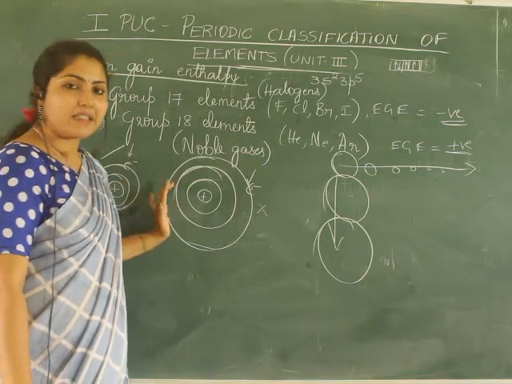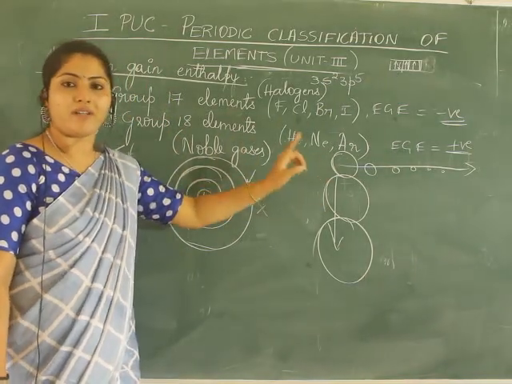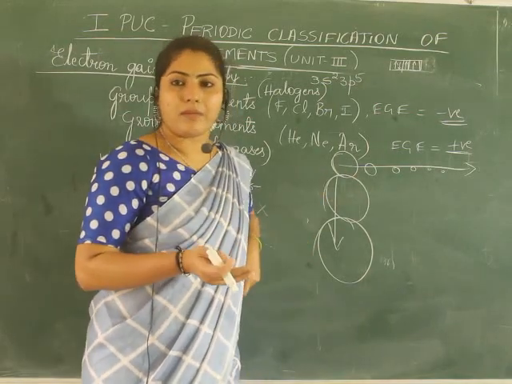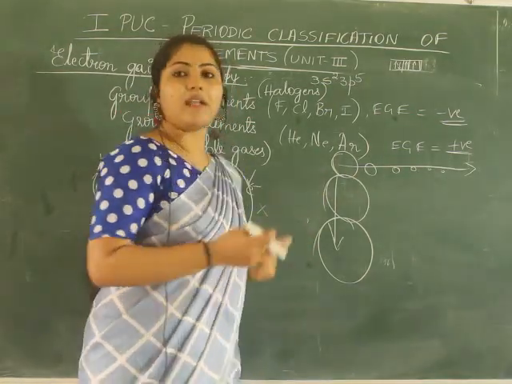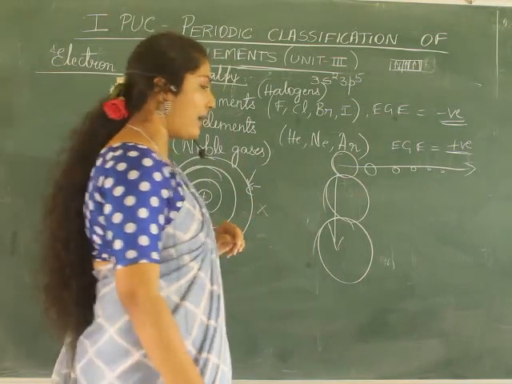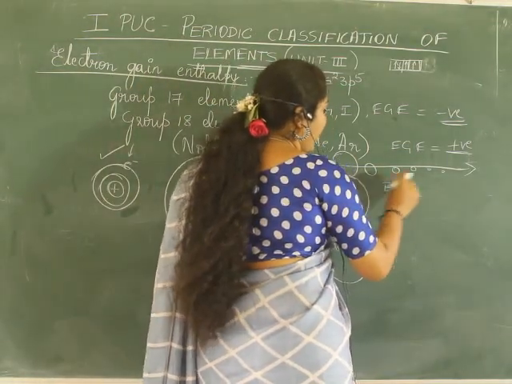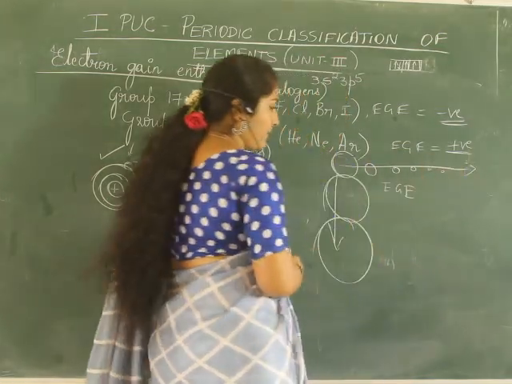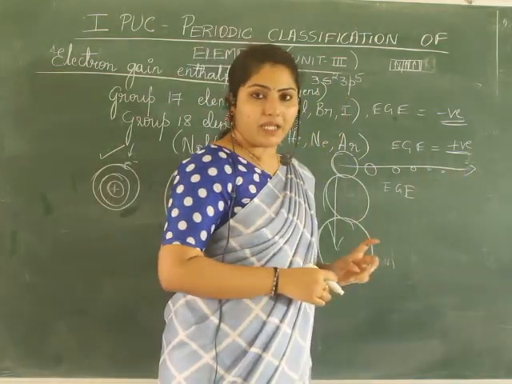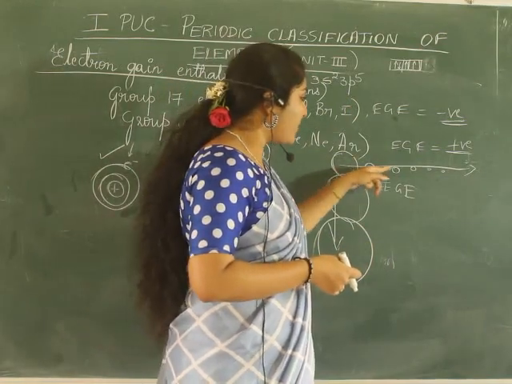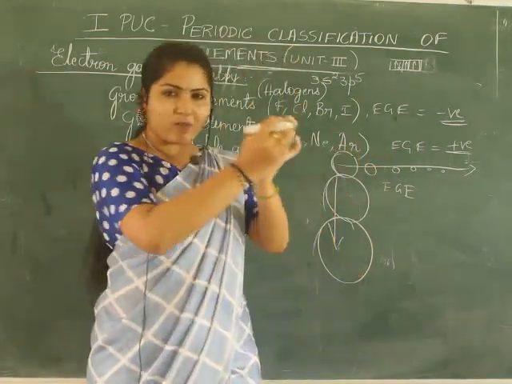Now apply this to the periodic trend that we have studied, atomic radii, and tell me what happens to electron gain enthalpy across the period and down the group. Across a period, the size goes on decreasing, smaller and smaller.